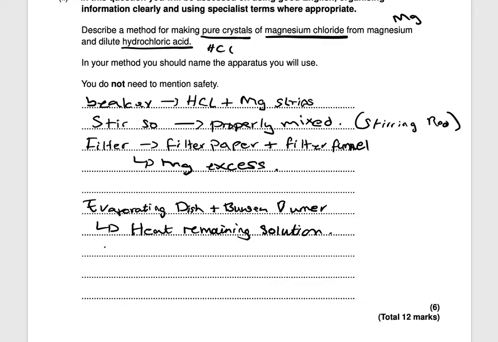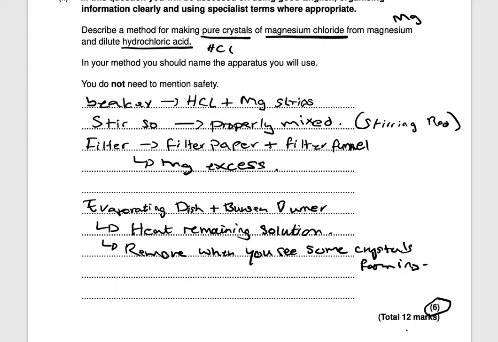So remove it when you see some crystals forming, and then you can evaporate it, so you will be left with crystals, pure crystals. Okay, and that would be worth 6 marks.